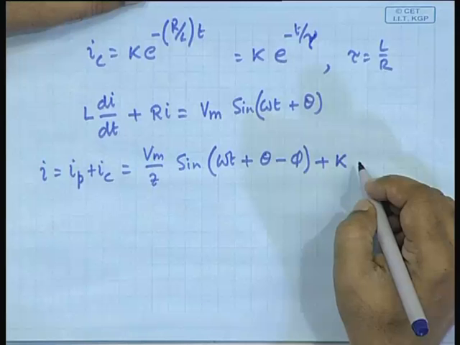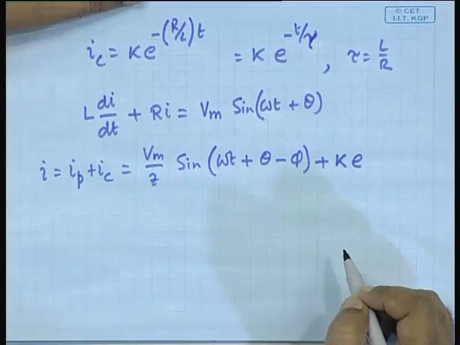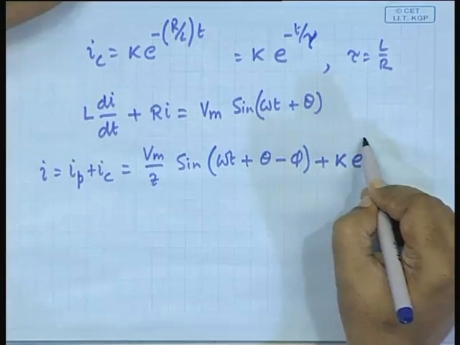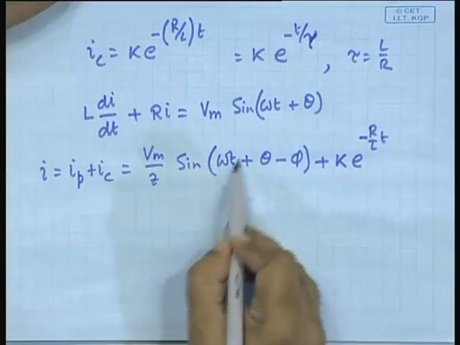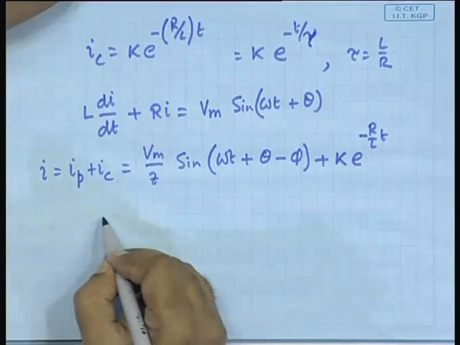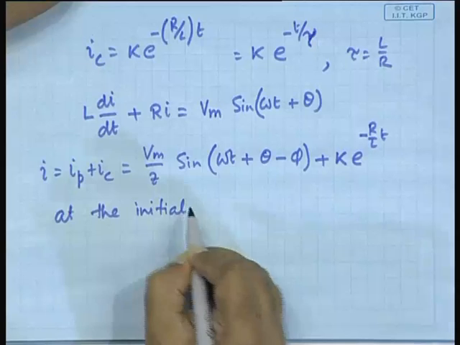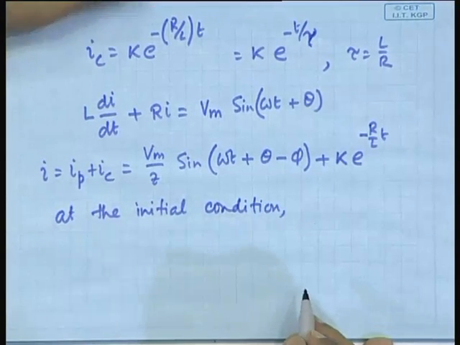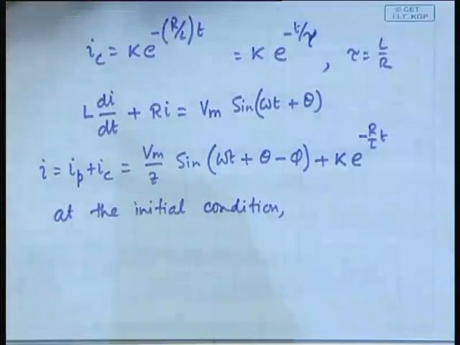k e to the power minus R by L t. Now, at the initial condition this is 0, this is 1. So at the initial condition the current is 0, because it is an inductive circuit, you cannot have the current changing instantaneously.